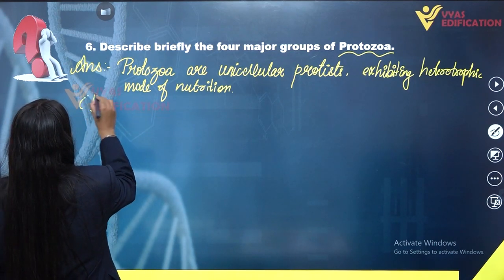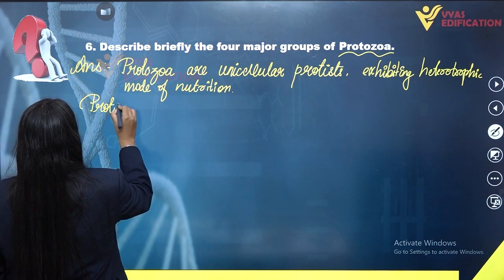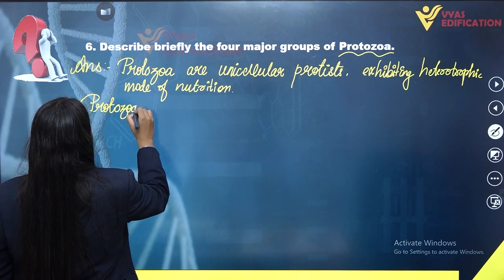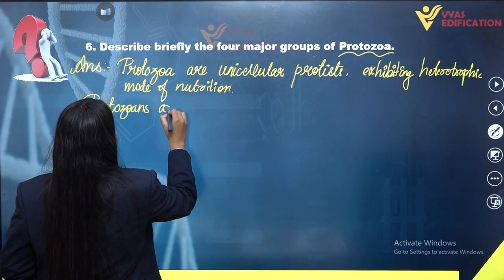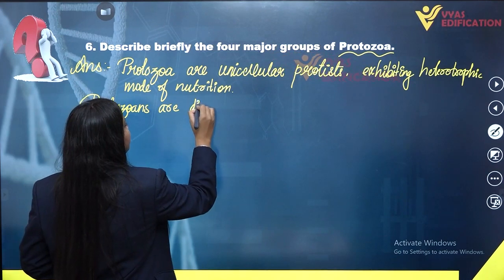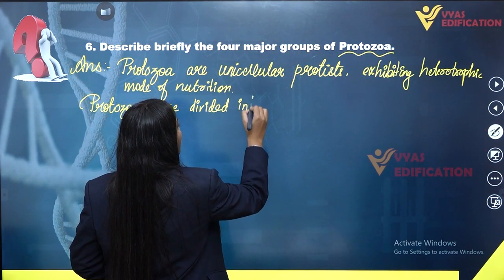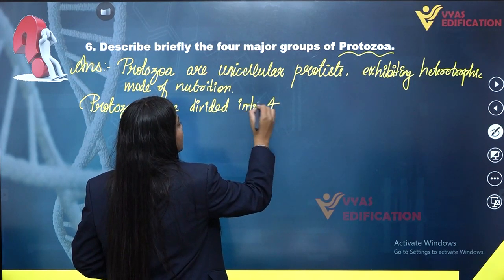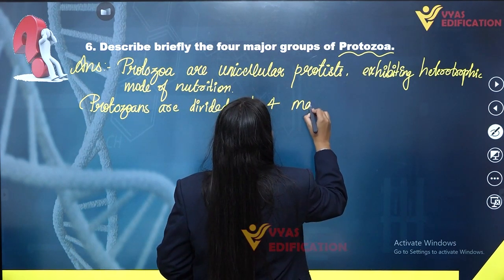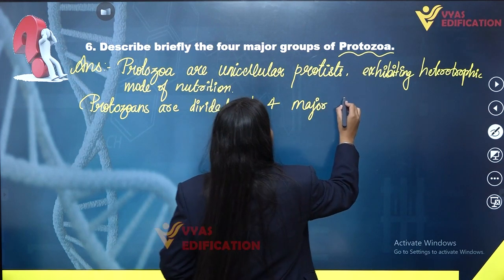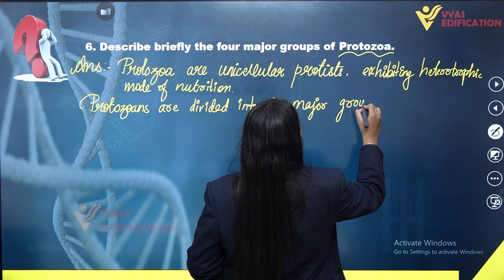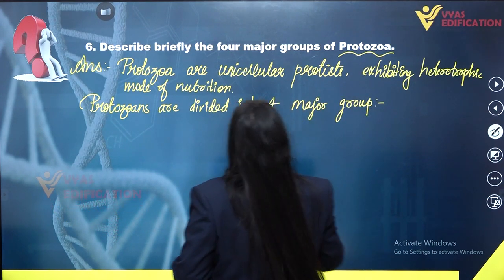These protozoans are divided into four major groups. What are these?